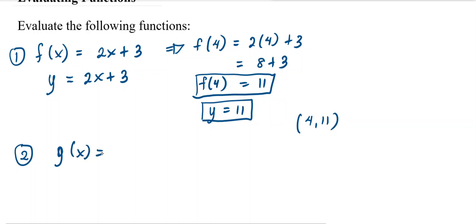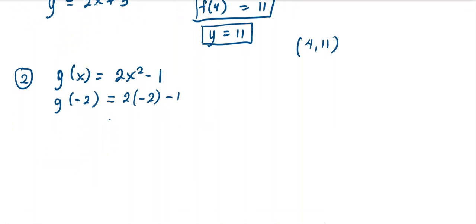So g of x is equal to 2x squared minus 1, and you are to evaluate g of -2. Okay, so g of -2 is equal to plugging in the -2 to x. So 2 multiplied by -2 minus 1.